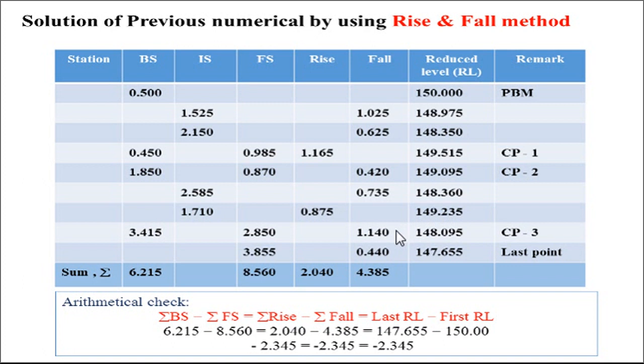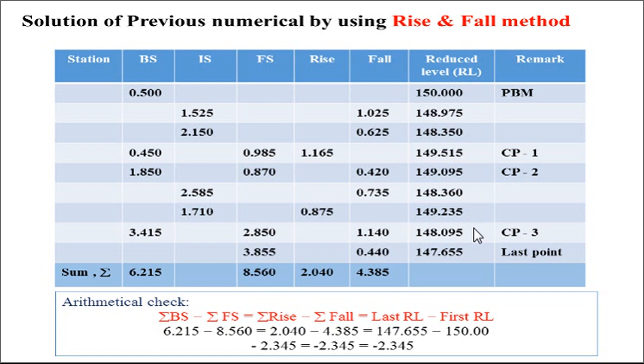Then again a fall is there, so subtract the fall from this, and we will get our reduced level. Again the last fall, so subtract this fall from this, and we will get the reduced level for this last point. So in this way, by subtracting the fall and adding the rise to the previous reduced level, we can calculate the reduced level for all the points.